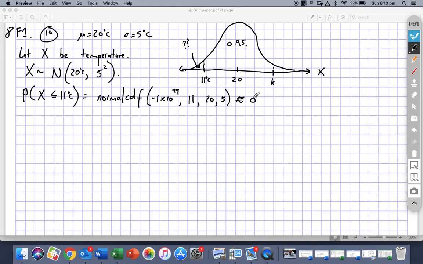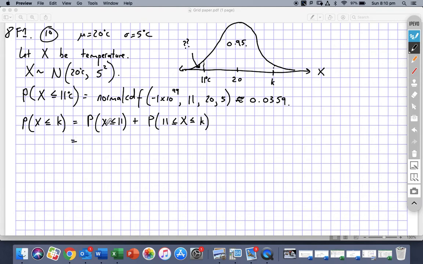Approximately 0.0359, right? So the probability that we're less than k, that would be a combination of this one, that we're less than 11, plus this probability that we're given, where the x lies between 11 and k, which is unknown.